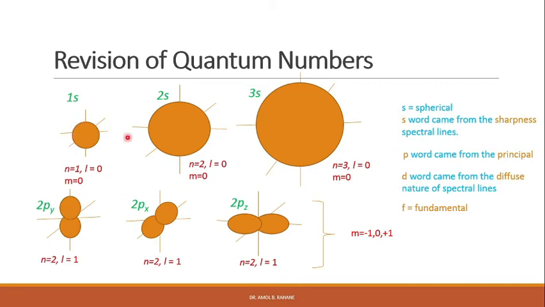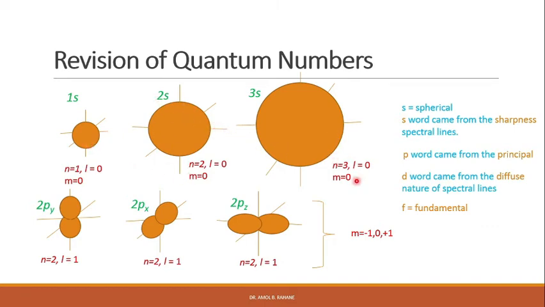So, let us see this picture. We can have the 1s orbital, which we can denote by n equal to 1, l equal to 0, m equal to 0, right. For n equal to 2, l equal to 0 and m equal to 0, we again get an s orbital, but it is 2s orbital and its size is slightly greater than the 1s orbital.